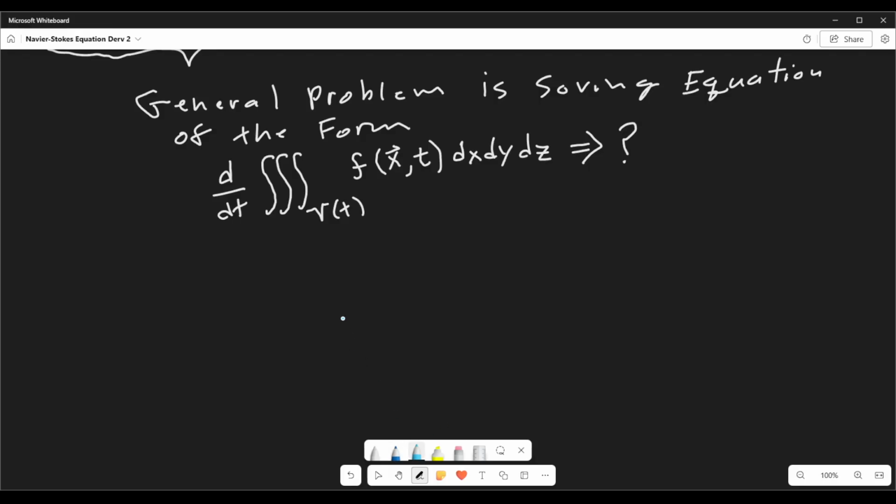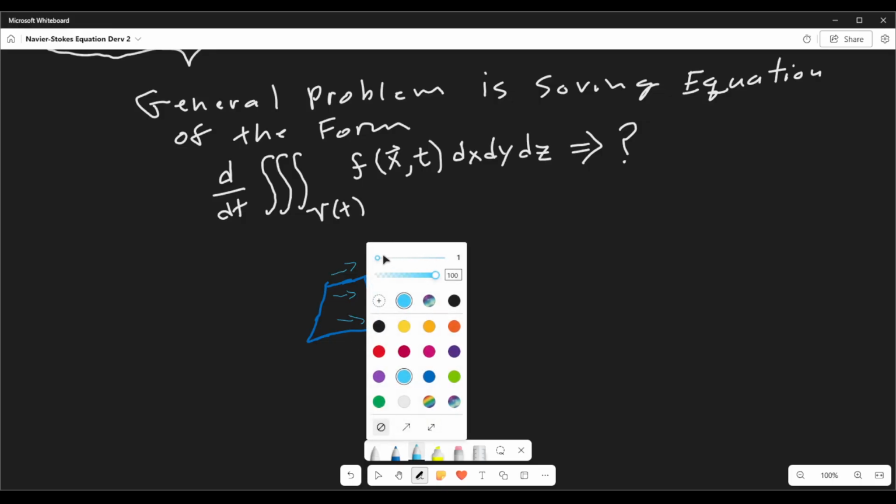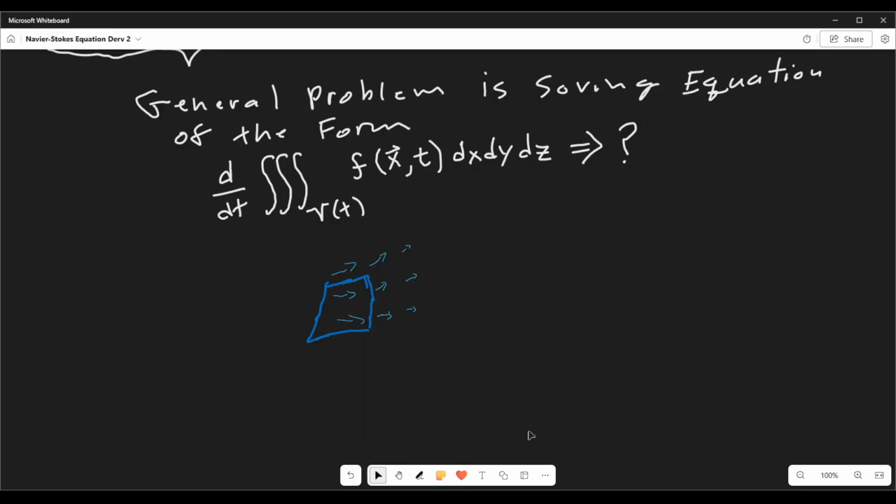So if I draw my velocity field, the velocity field changes in direction, and I start out with my blob here, and then I take this thing and move it to another location.